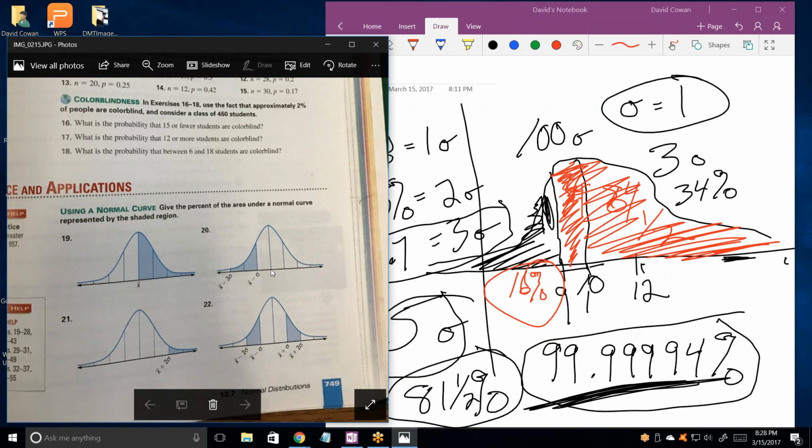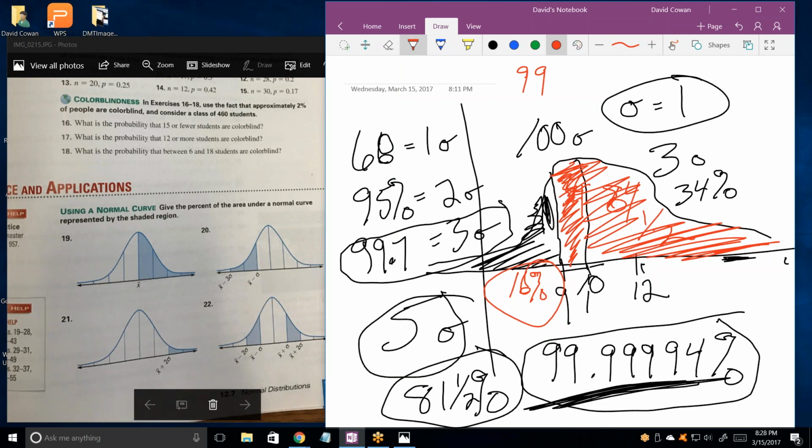If you're taking half of a number less than 100, the answer has got to be less than 50, because half of 100 is 50. Half of this has got to be 49.85.